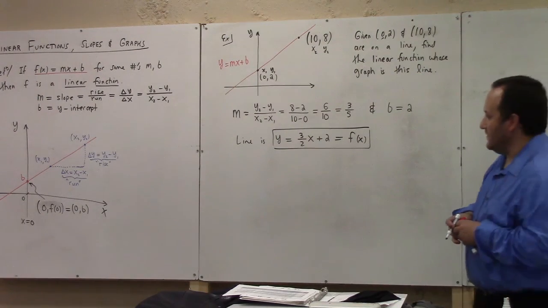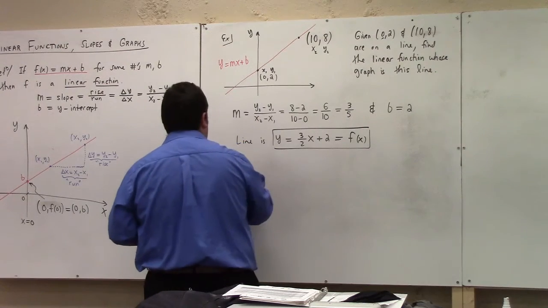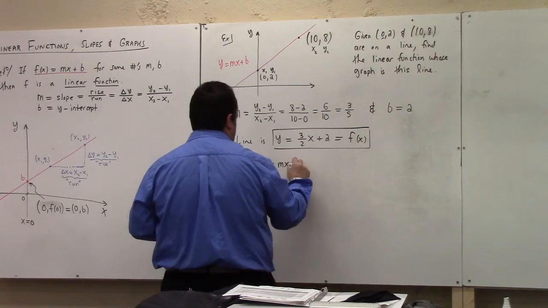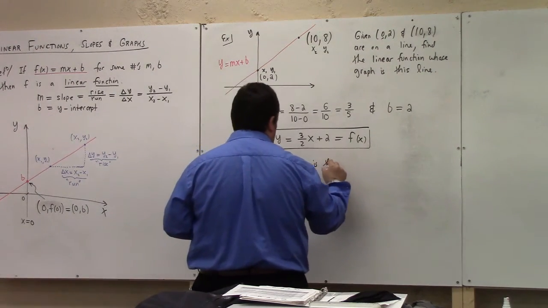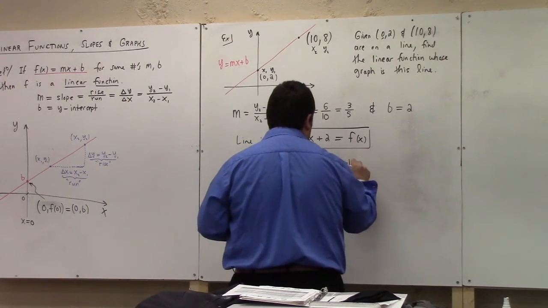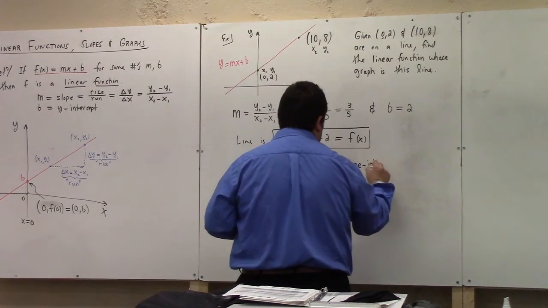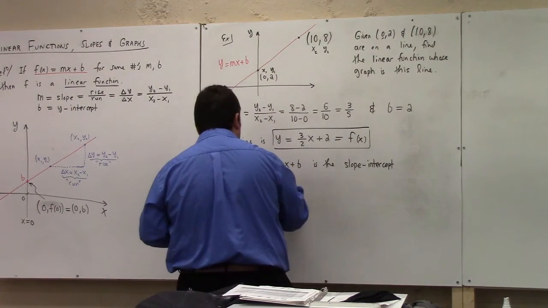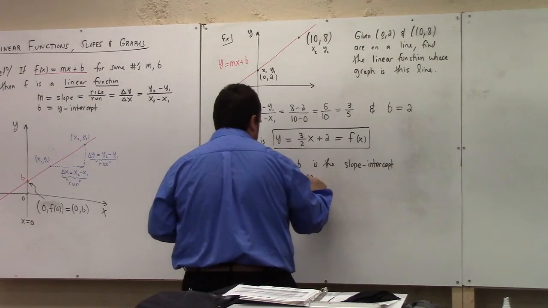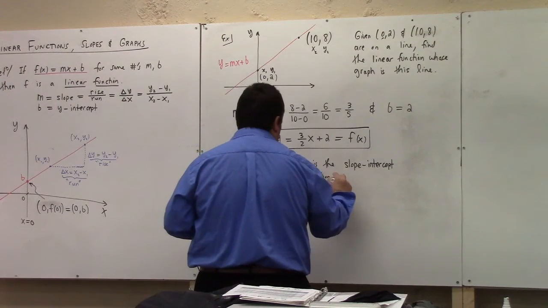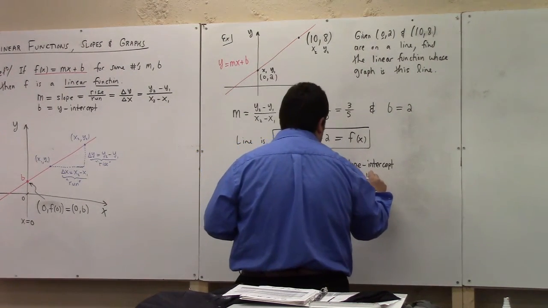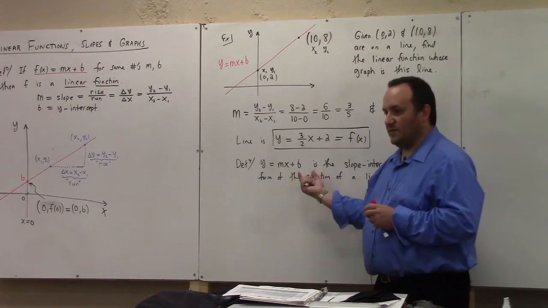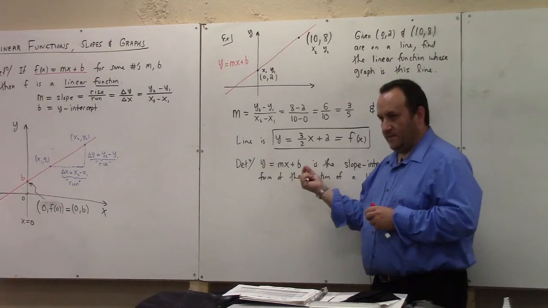So another definition, y equals mx plus b is the slope intercept form of the equation of a line. Because this equation is written in terms of the slope and the intercept.